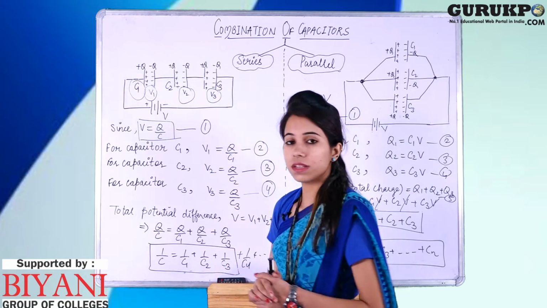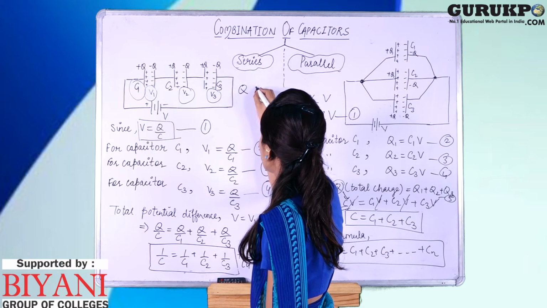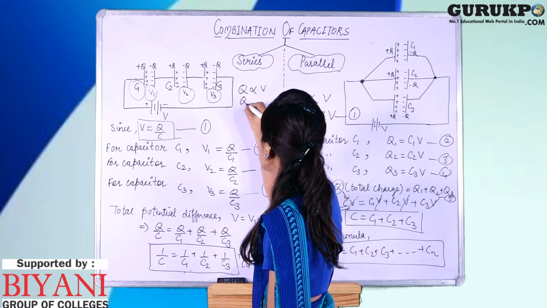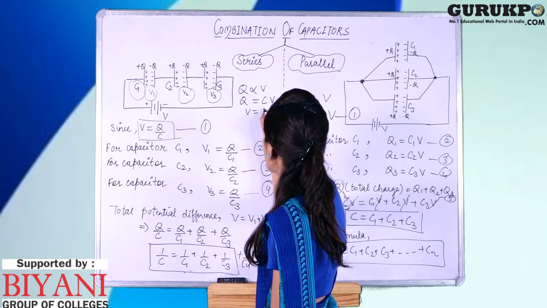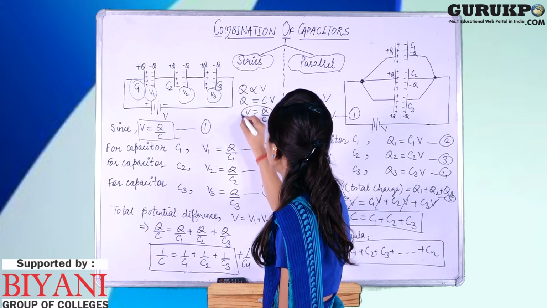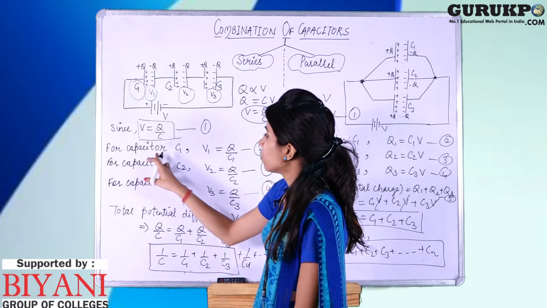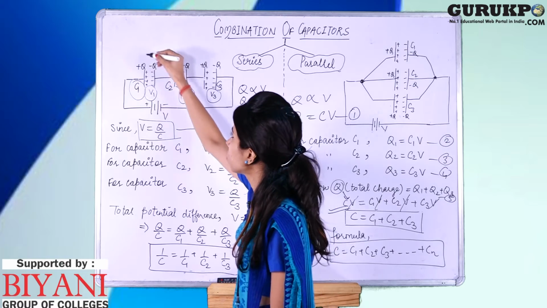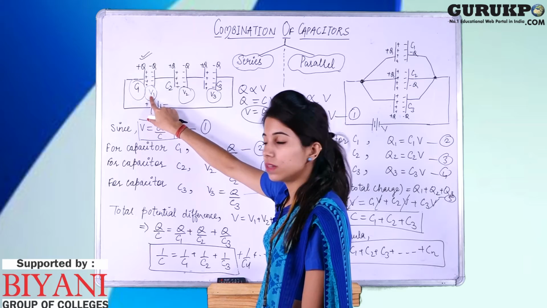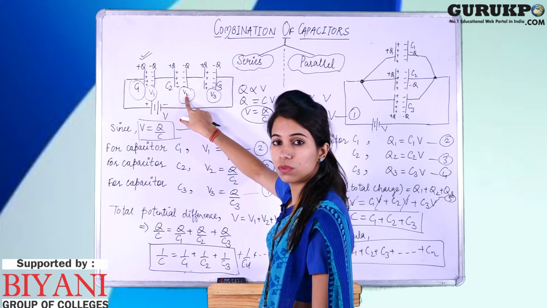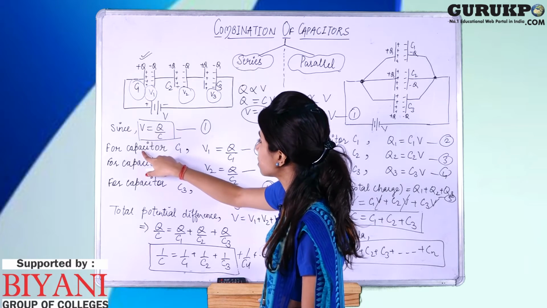Now let us start the derivation. We know that Q is proportional to V, and Q is equal to CV. From this equation we can get the value of V as Q by C. Since V is equal to Q by C, for capacitor C1 the voltage is V1, for capacitor C2 the voltage is V2, and for capacitor C3 the voltage is V3.